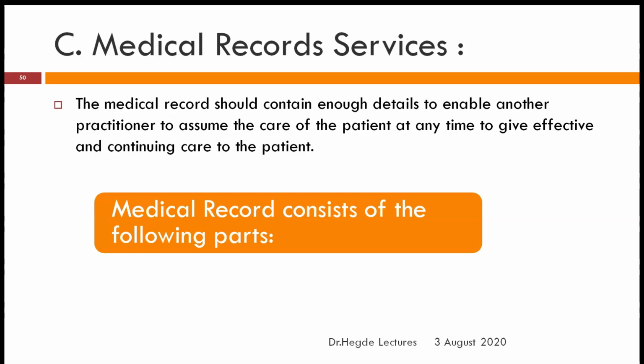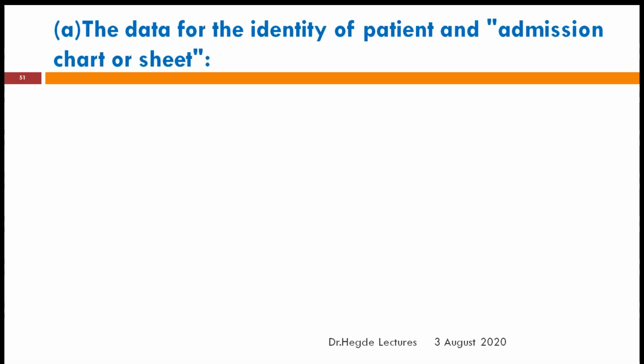The medical record consists of the following parts. Okay, different parts of the medical record we'll be seeing. One, the data for identity of the patient and admission chart or sheet.